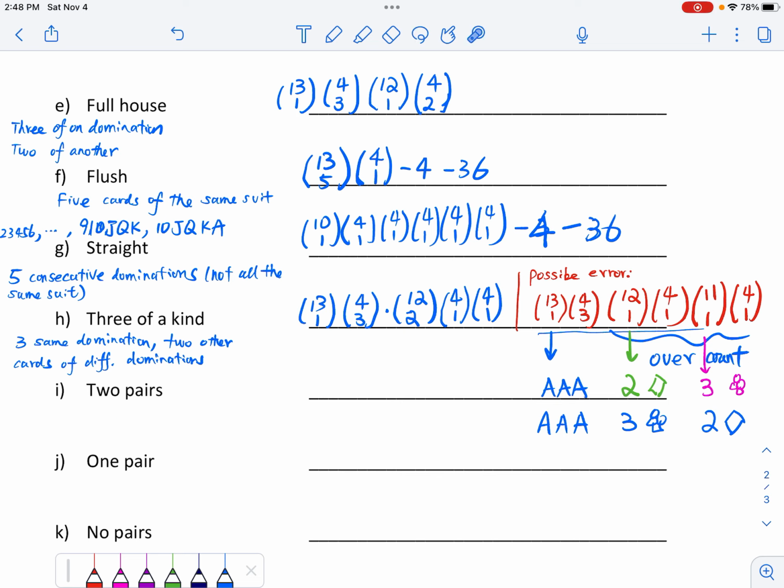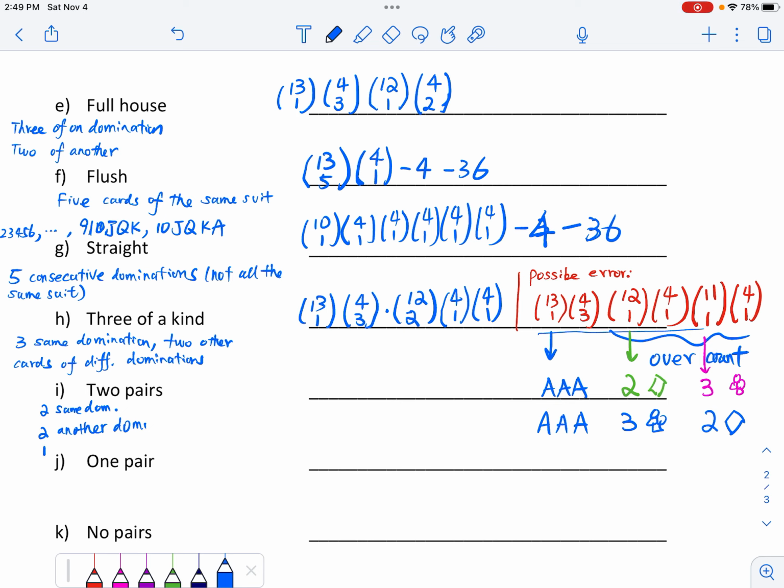Some students make a similar mistake when they find the possible number of poker hands for 2 pairs. So the correct way, by the way, 2 pairs means 2 cards of the same domination, and 2 cards of another domination, but the same domination within the pair.